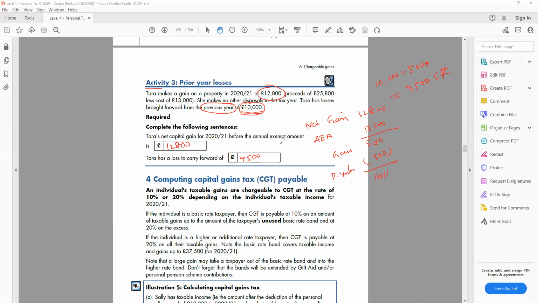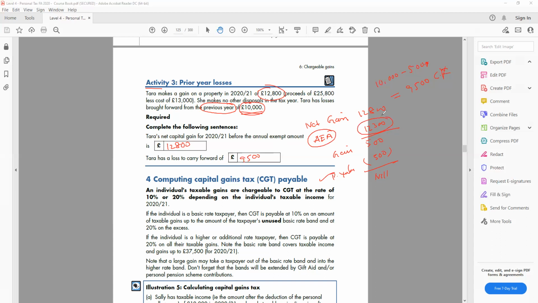Remember that this is a very important line to remember. Only if the loss is for the current year do we have to take it away first, before the annual exemption. But if the loss is from the previous year, we're going to use the annual exemption first, then the previous year loss, because the annual exemption will be wasted if I don't use it.